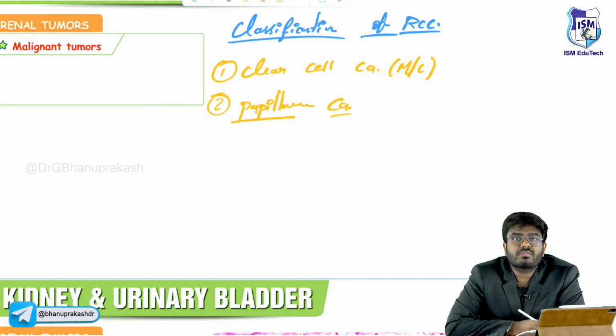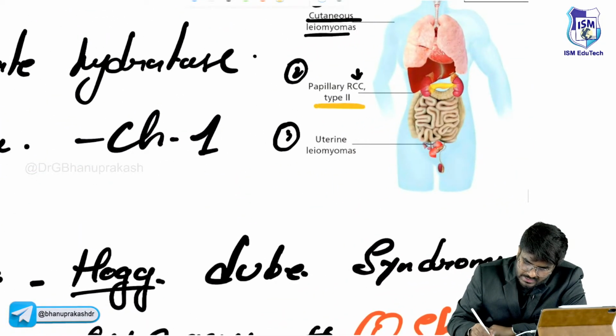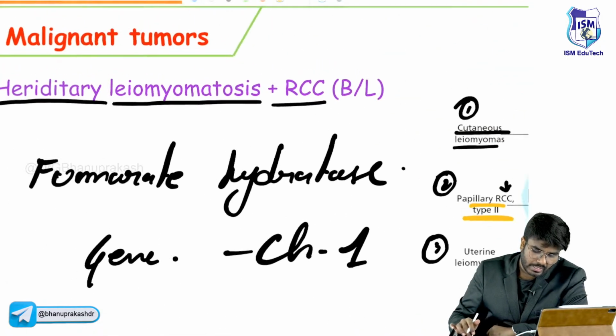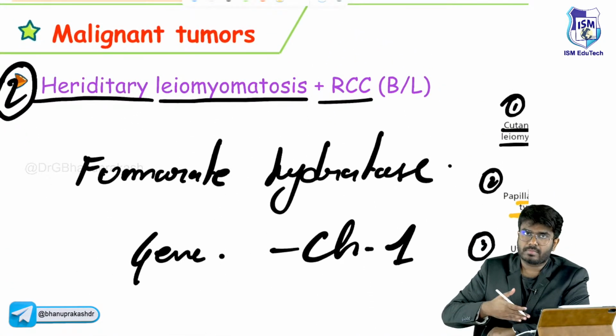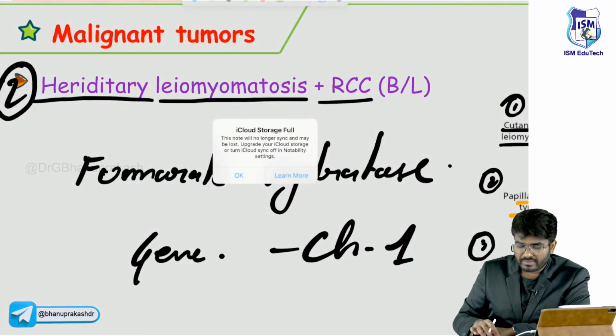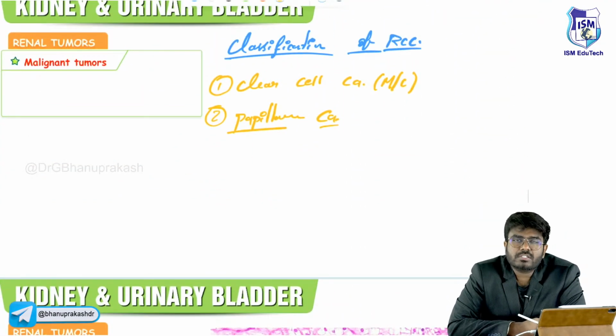Papillary RCC is associated with hereditary leiomyomatosis with bilateral renal cell carcinoma. You are going to have papillary variants. So clear cell carcinoma is done.